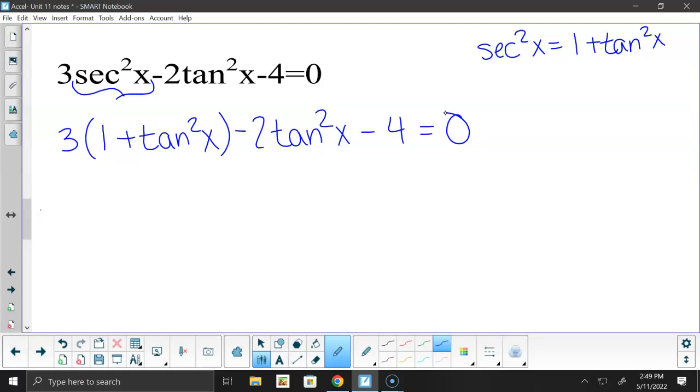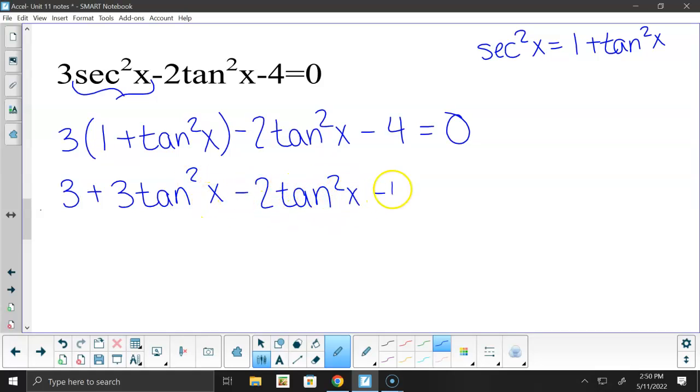Any ideas of what we will do next? Yeah, I'm going to distribute that 3 through, and I'm going to try and condense down as much as I possibly can. So I've got 3 plus 3 tangent squared of x. What happens to the tangent squareds?